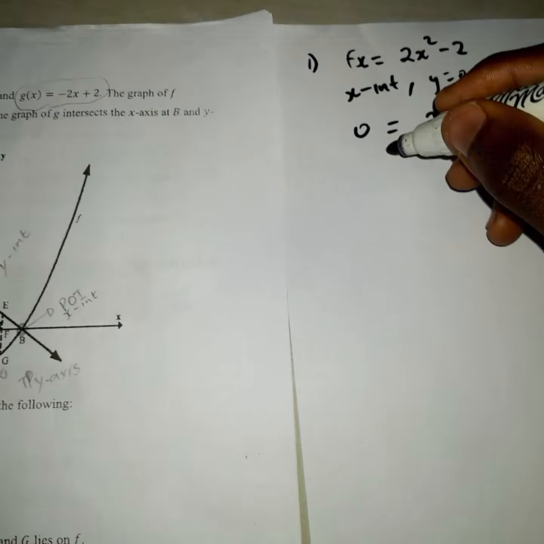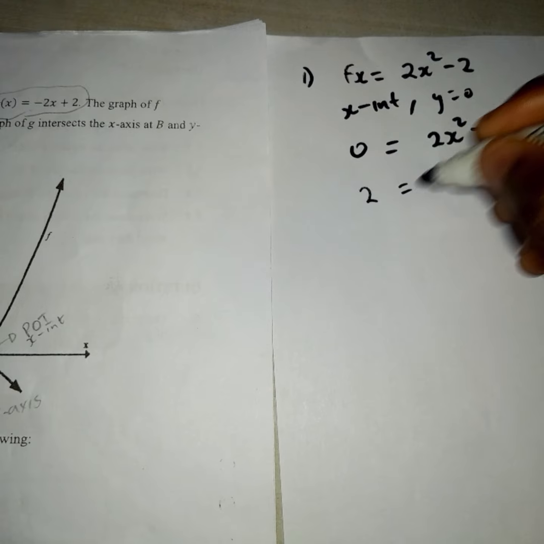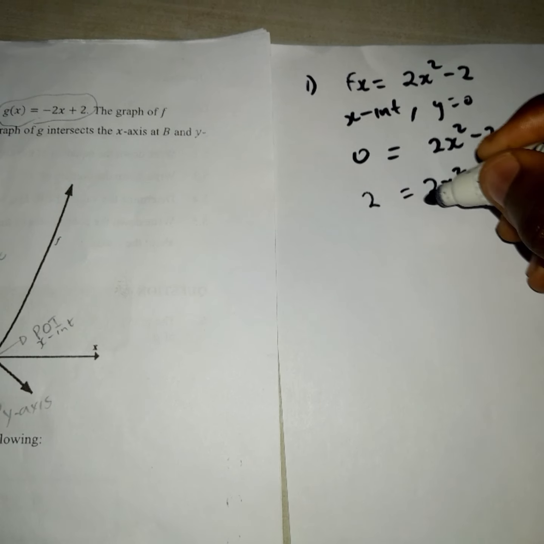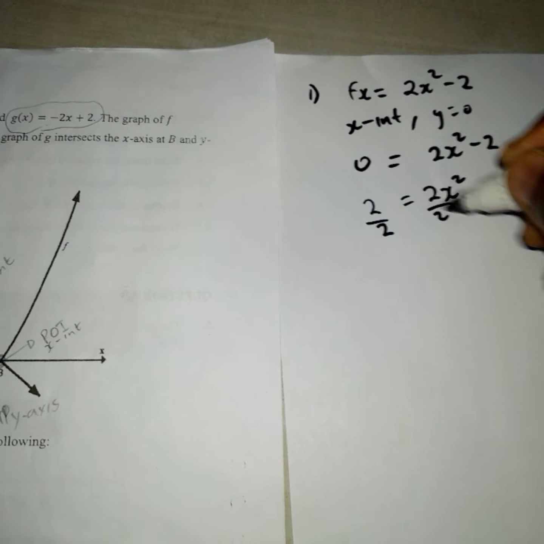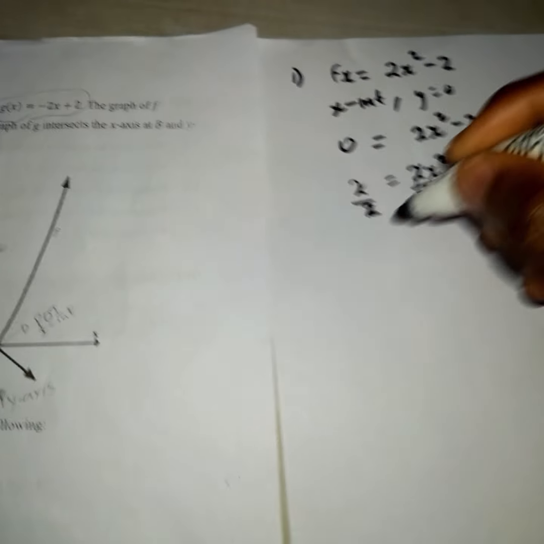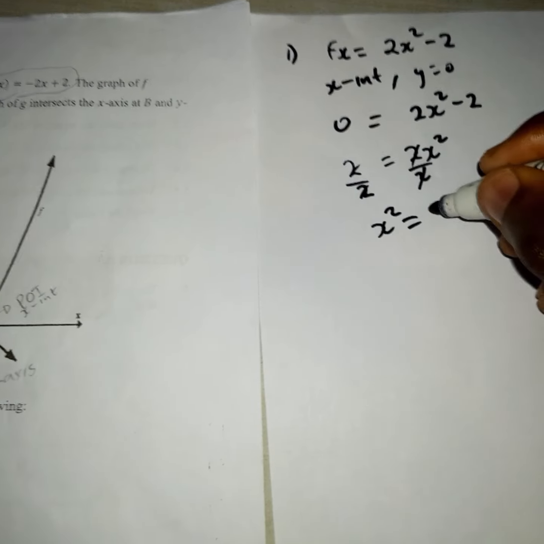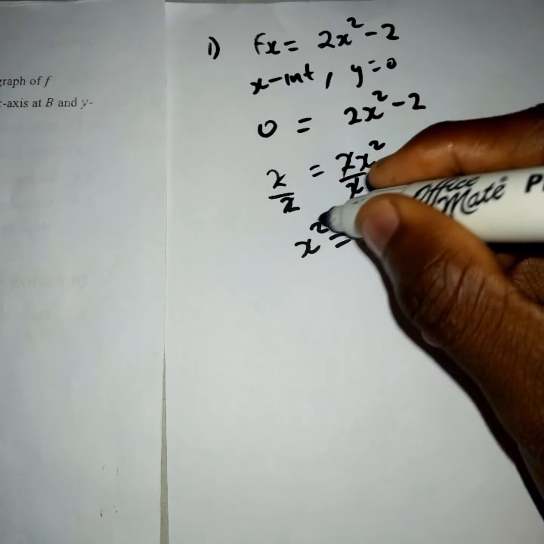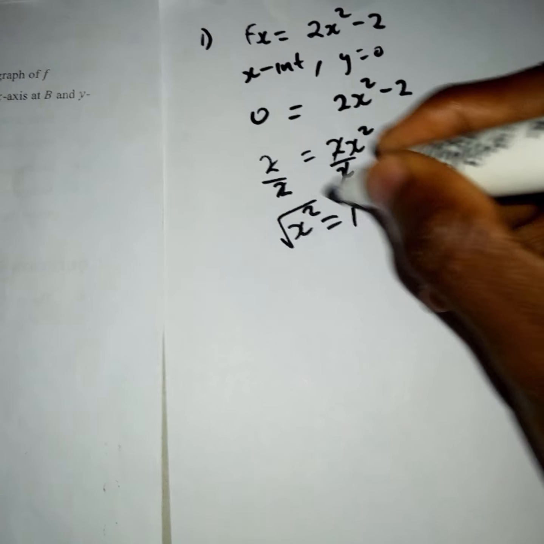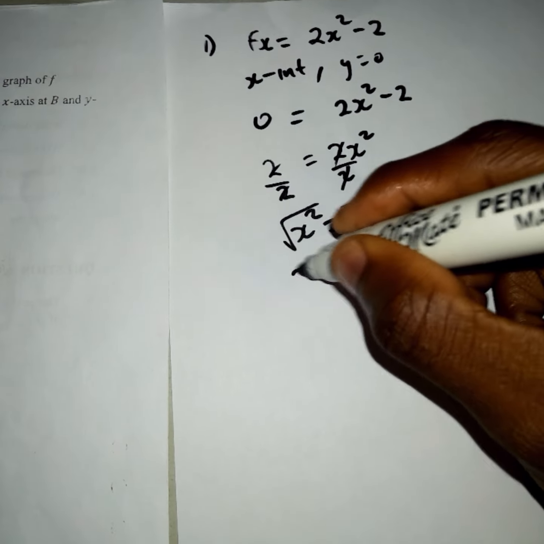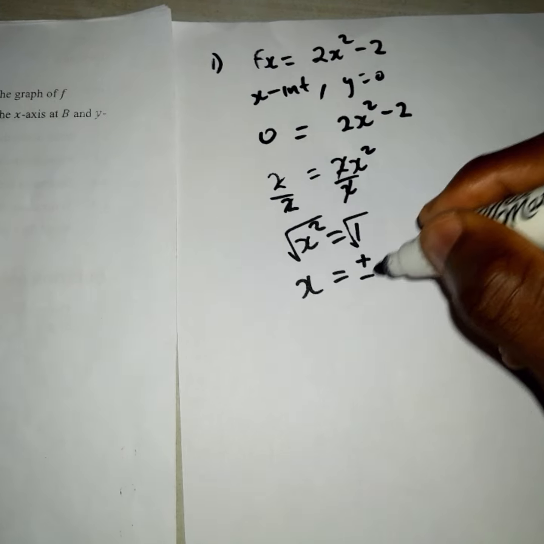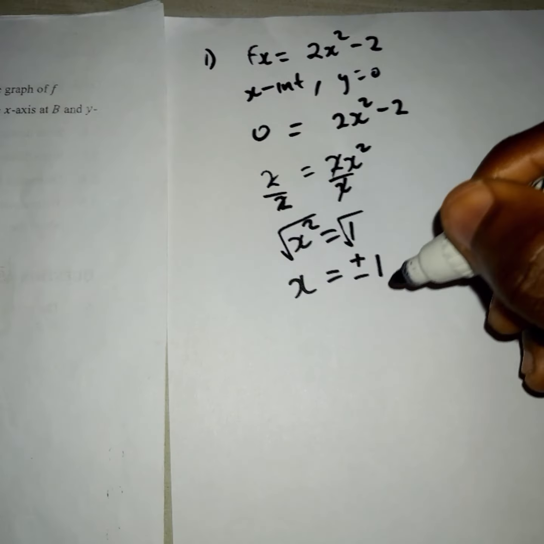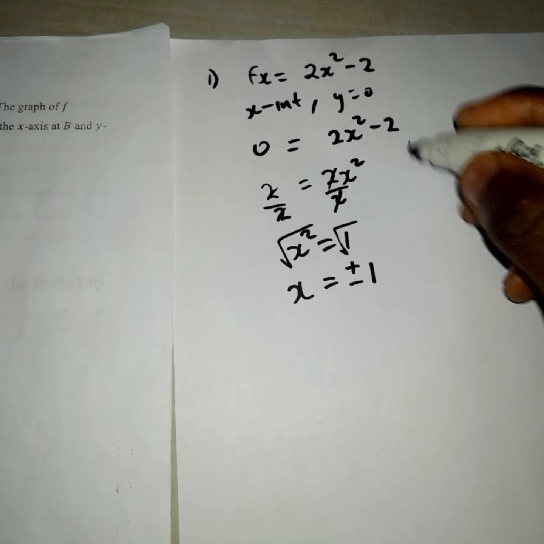Take this to the other side, and we're going to be left with 2 over 2, and it's going to be x squared equals 1. And because we know that it is an x squared, we just find the root, and x is equal to plus or minus 1. We can do this, or we can just factorize it.